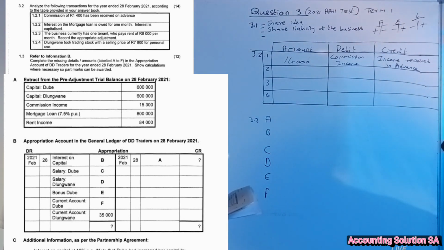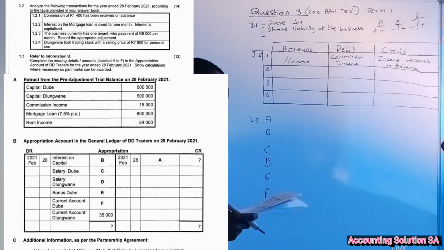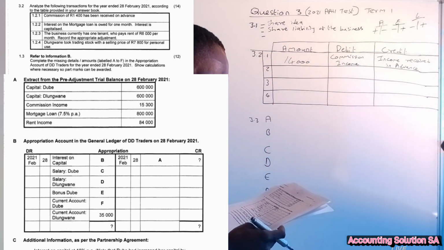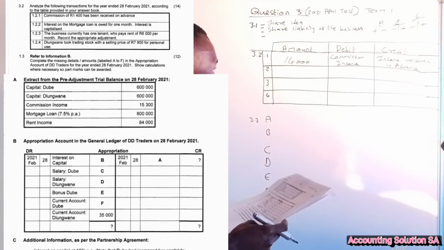they said mortgage loan under our pre-adjustment balance is 800,000 and is 7.5% per annum.